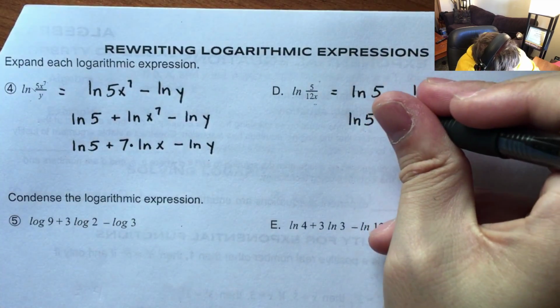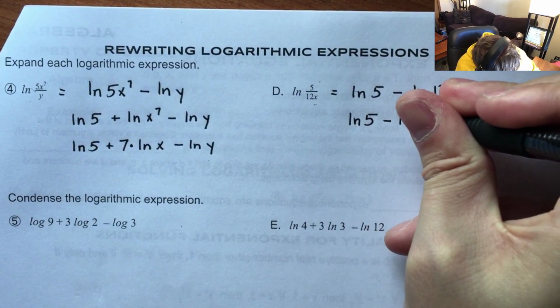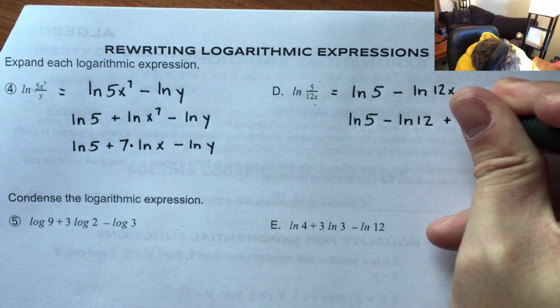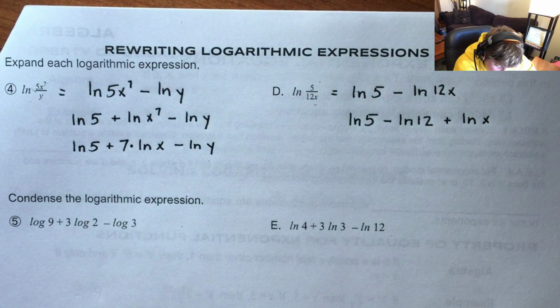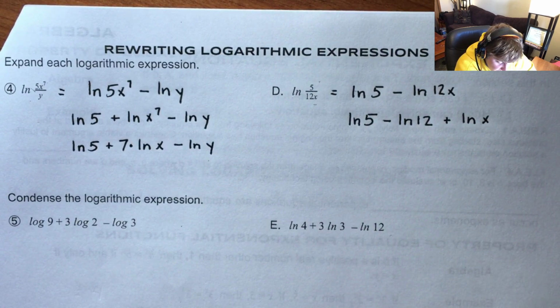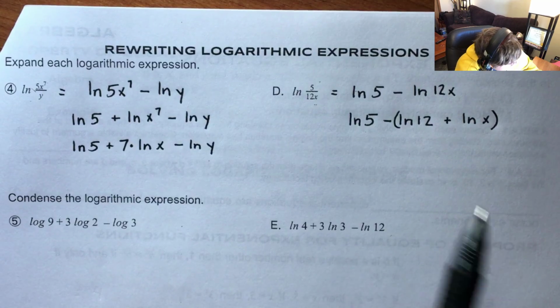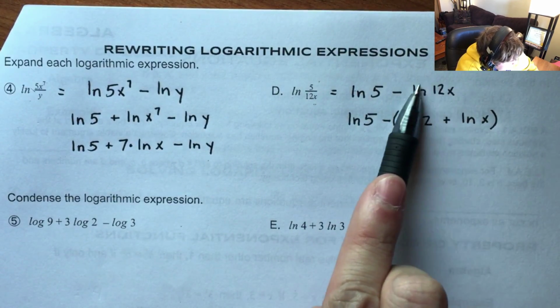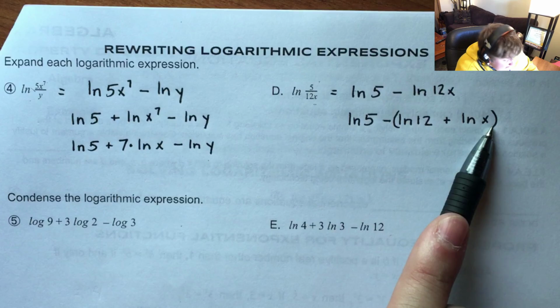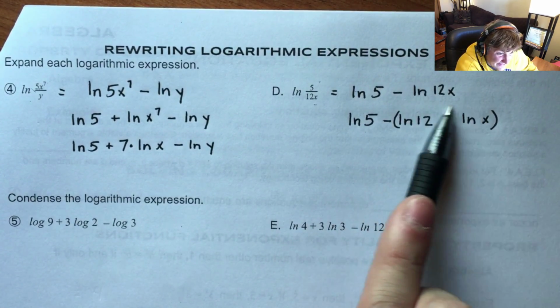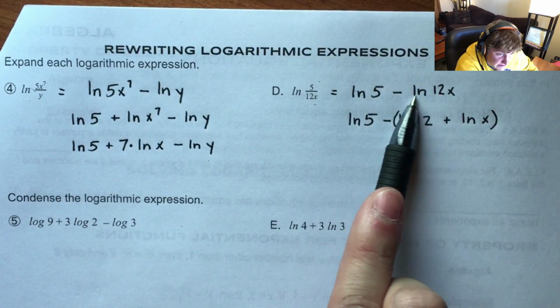So now I can say that this is the natural log of 12 plus the natural log of x. And I probably need to put parentheses around this because I'm subtracting this whole thing, and this whole thing is equal to this.